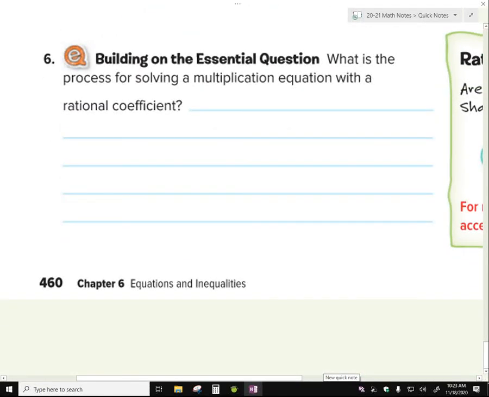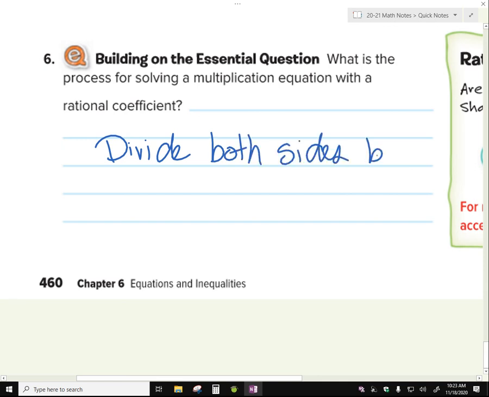What is the process of solving a multiplication equation with a rational coefficient? Okay. Divide both sides by the coefficient.